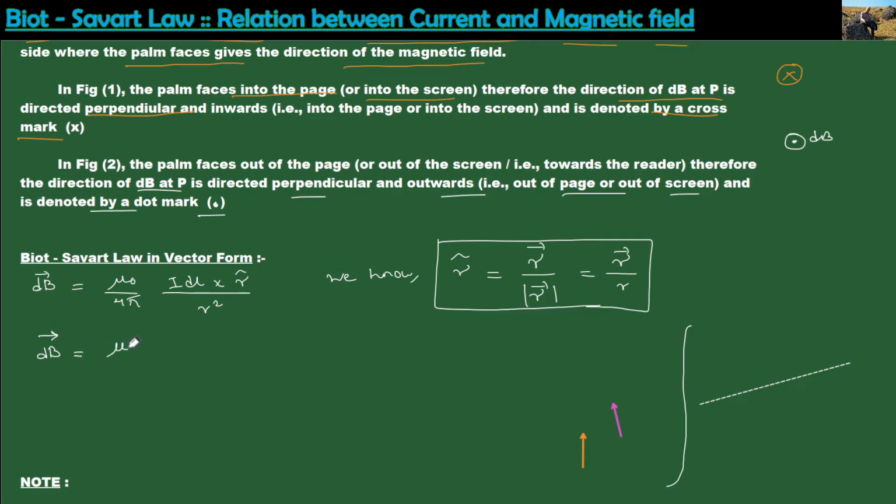Then over here you have mu naught divided by 4 pi, I dl. Then what is this r cap?